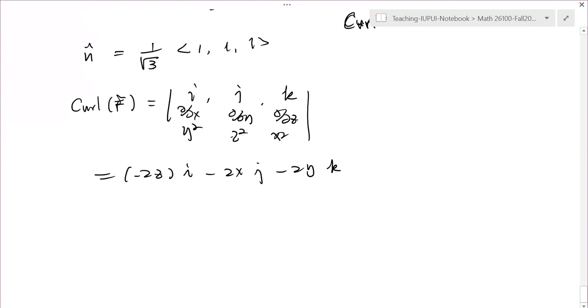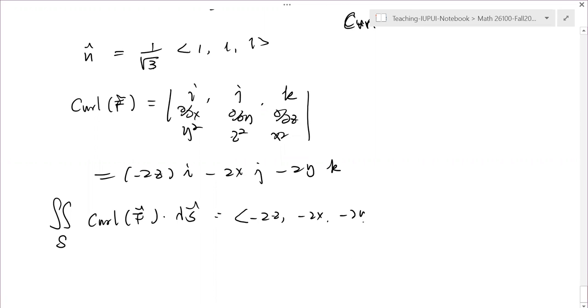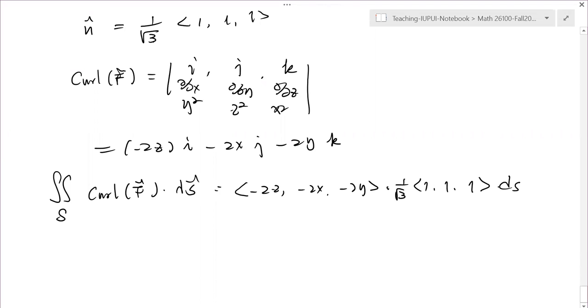So now the surface integral over S will be the integral of (negative 2z, negative 2x, negative 2y) dotted with (1, 1, 1) over square root 3, dS. Multiplying this out, it's negative 2 over square root 3 times the integral of z plus x plus y dS.